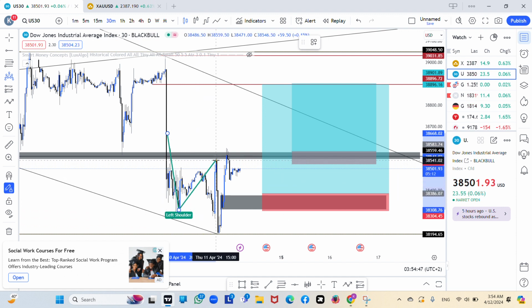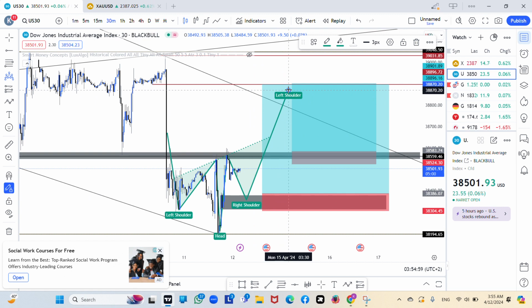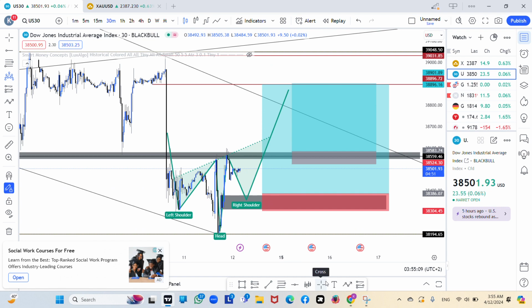And with that being our head, right now we might be forming a right shoulder. So that's it from me. That's actually what I'm anticipating in these markets, guys.